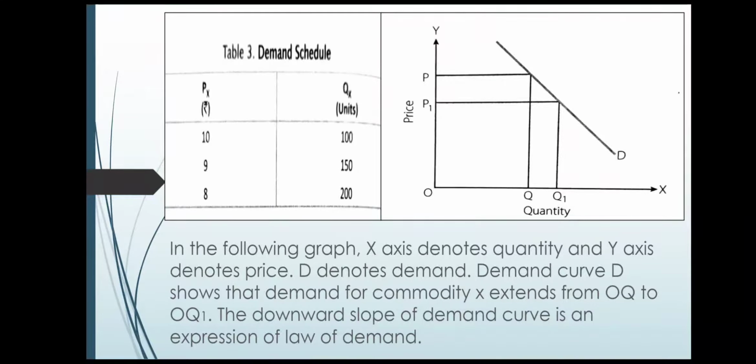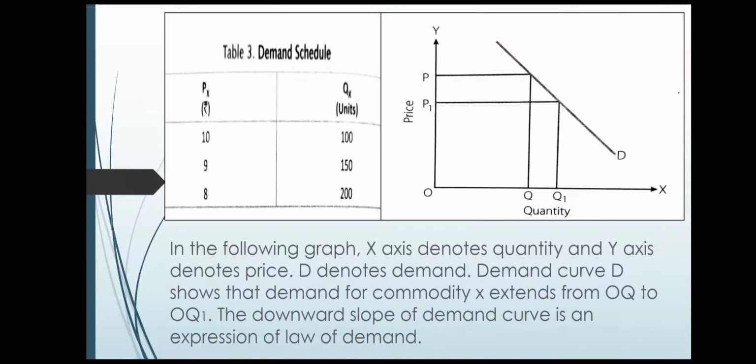So we can see that when price is OP, then quantity demanded is OQ. When price reduces to OP1, quantity demanded increases to OQ1. And D of course denotes the demand curve, which is downward sloping from left to right.